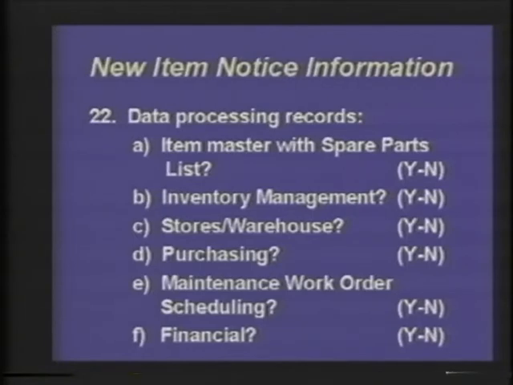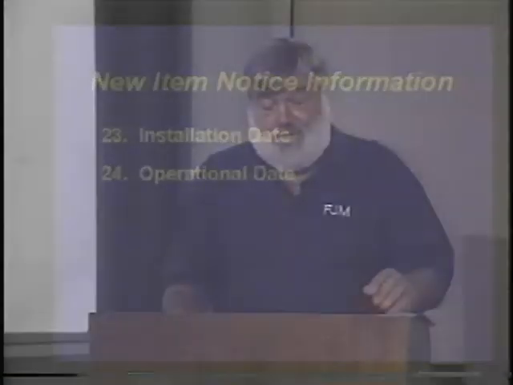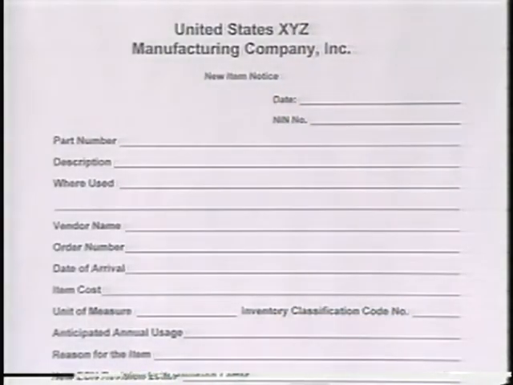So here again, we're putting together all of the records and the documentation through the new item notice or the new part notice system. We also have in 23, the installation data. In 24, we have operational data. Now, the next page, on page 12, is an example of a new item notice document or form.